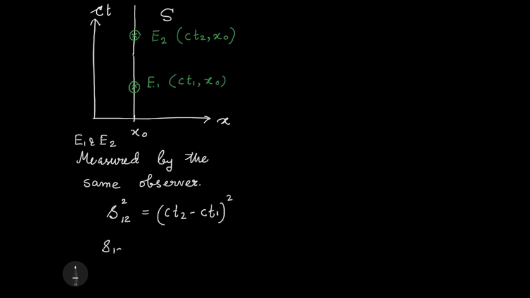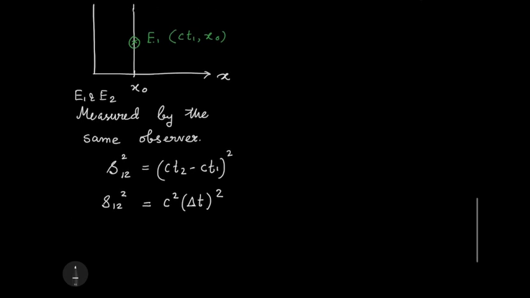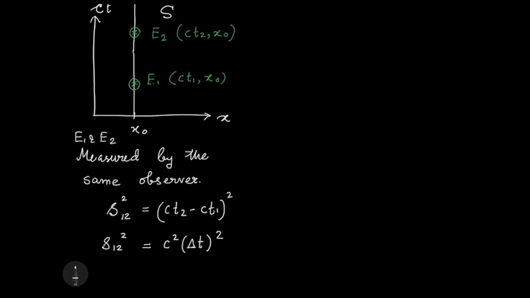So the interval, S12 squared, is c squared, and let us call the time difference delta t, so c squared delta t squared. Right? What type of interval is this? Well, it is obvious that in this particular case, there is no spatial part in the interval. It's all time and it's greater than 0. So this is a time-like interval.